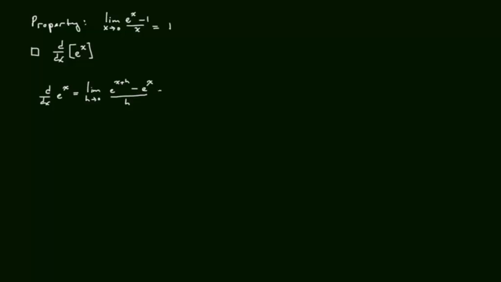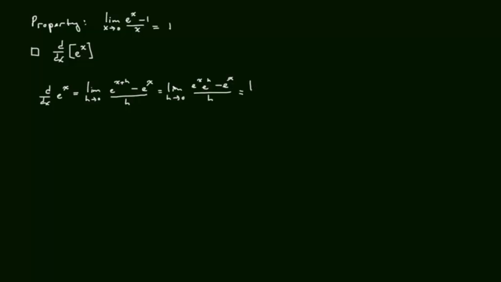Then if I rewrite that, it's the limit as h goes to 0. Before I factor out, let's review the properties of exponents: I can write that as e to the x times e to the h.